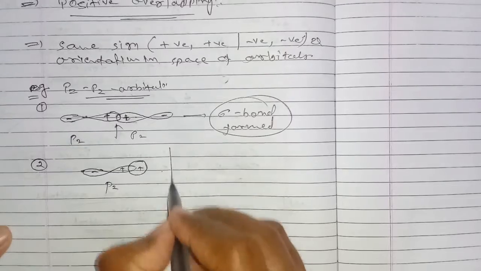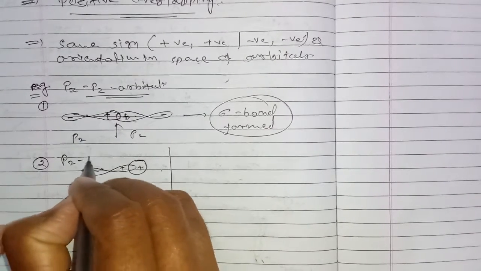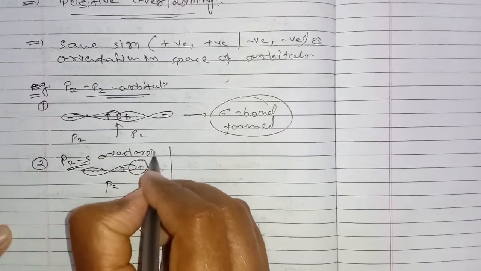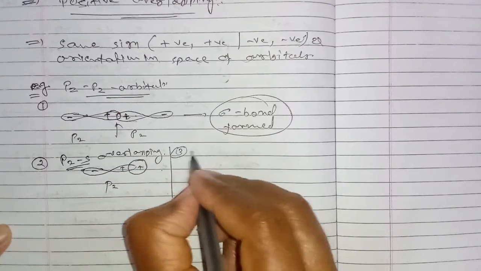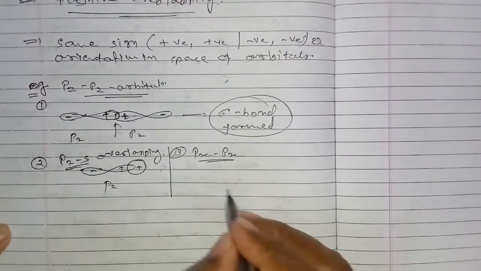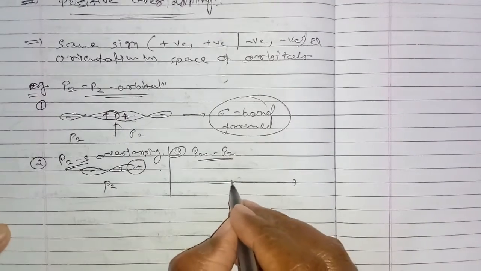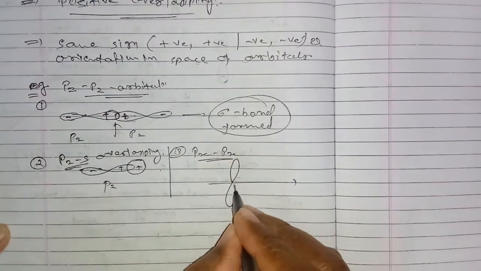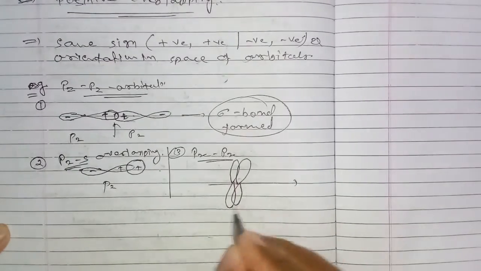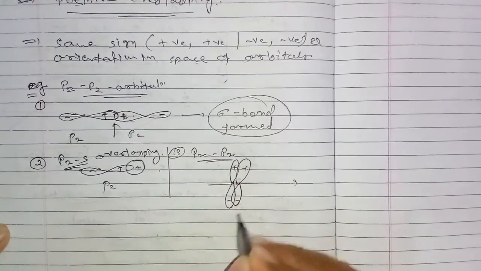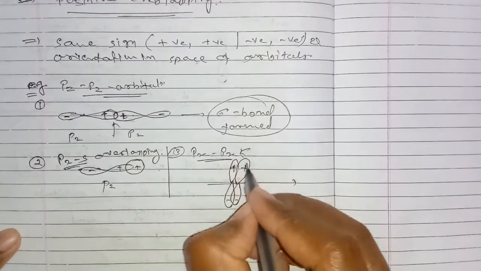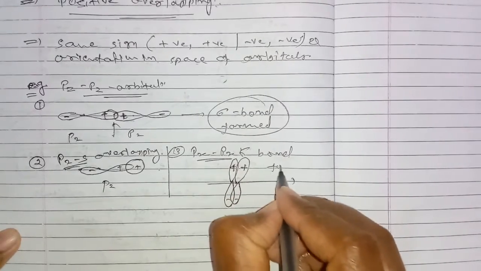In the third case, two px orbitals are overlapping, positive and positive, and the bond is formed.